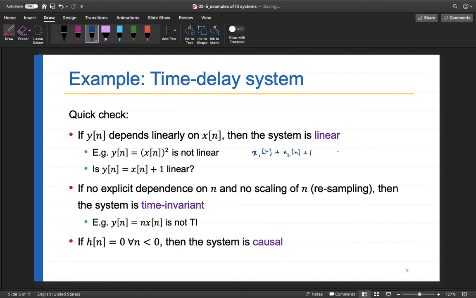On the other hand, if you apply individual signals, you will get x1 plus 1 plus x2 plus 1. So this is clearly not equal. So this system is not linear.